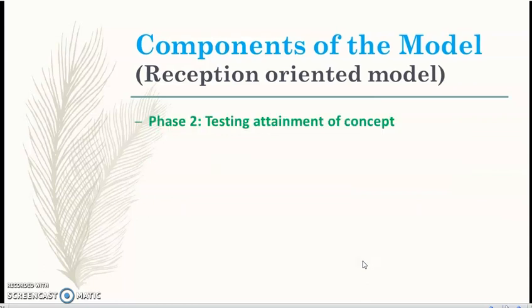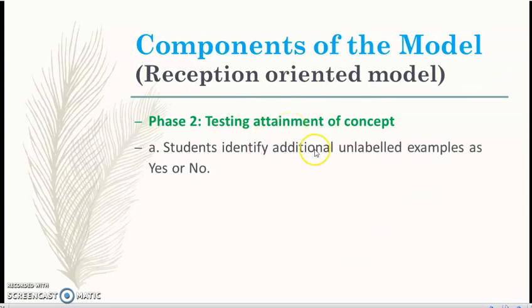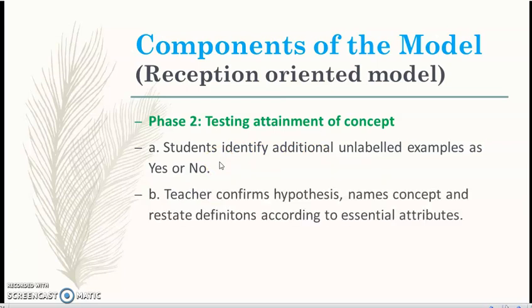Now let us see phase 2 of the reception-oriented model, which is testing attainment of concept. Here, students identify additional unlabeled examples as yes or no. The students are given an opportunity to think of additional unlabeled examples which they need to categorize into yes or no. Then the teacher confirms the hypothesis after they have formulated one, and when they test the hypothesis, the teacher confirms whether the hypothesis is accepted or rejected.